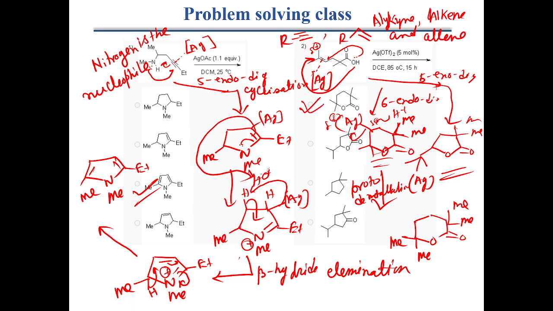This is a lactone. So in these cases, the stability depends on these two methyl groups. If it is sterically hindered, then the 6-one forms. If it is sterically less hindered, then the 5-one is formed.